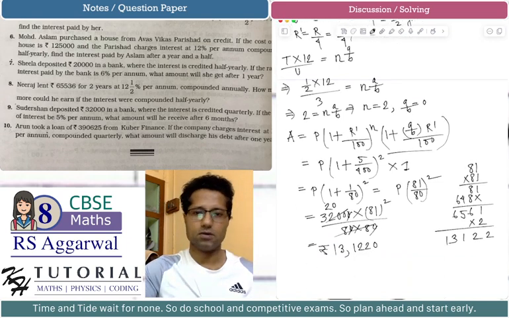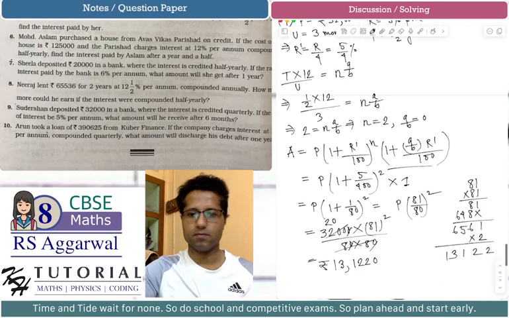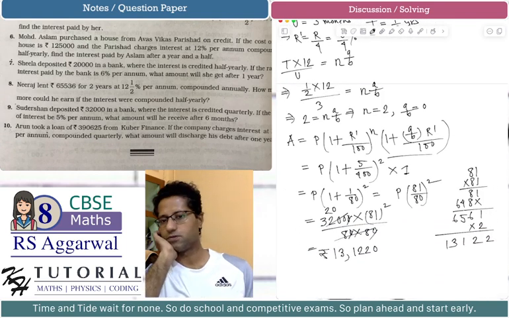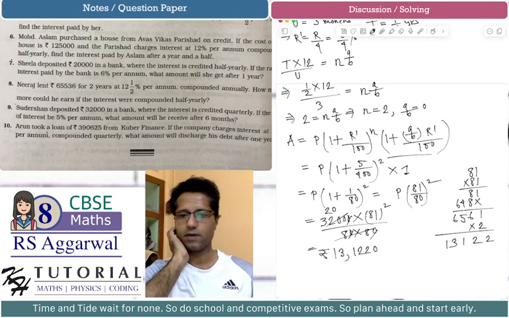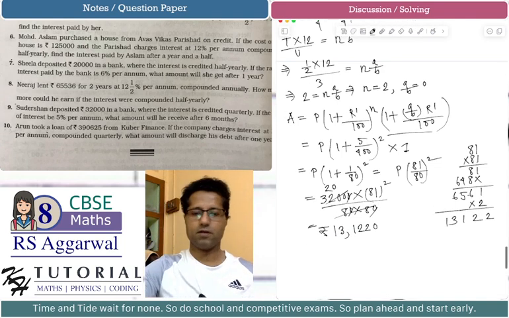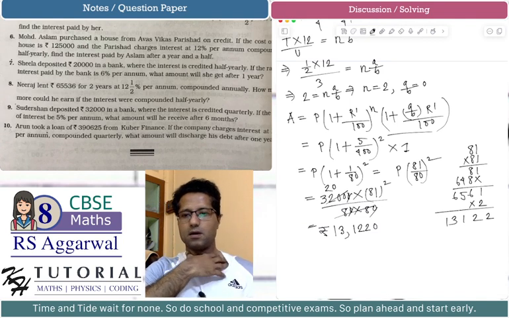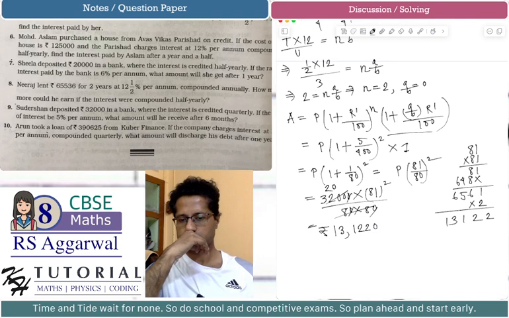So R dash is equal to 5 by 4. So we have amount A is equal to P multiplied by 1 plus 5 by 400 whole square. 5 by 400 is 1 by 80. So this is 32,000 multiplied by 81 square divided by 80 square.